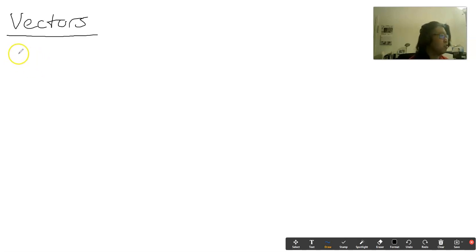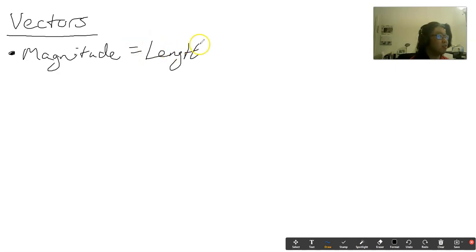So first of all, what is a vector? A vector has two parts. It has a magnitude, which is otherwise known as a length, and a direction, which usually corresponds to your angle.